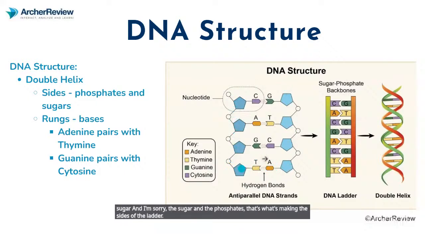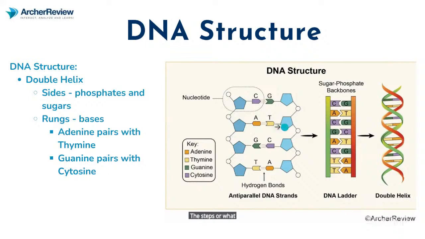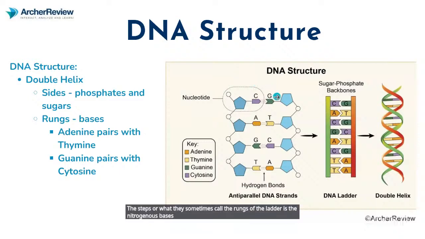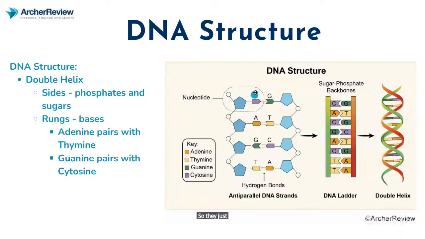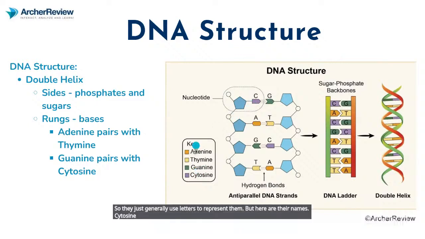The steps, or what they sometimes call the rungs of the ladder, are the nitrogenous bases bonding together. They generally use letters to represent them, but here are their names: cytosine, C; guanine, G; adenine, A; thymine, T.